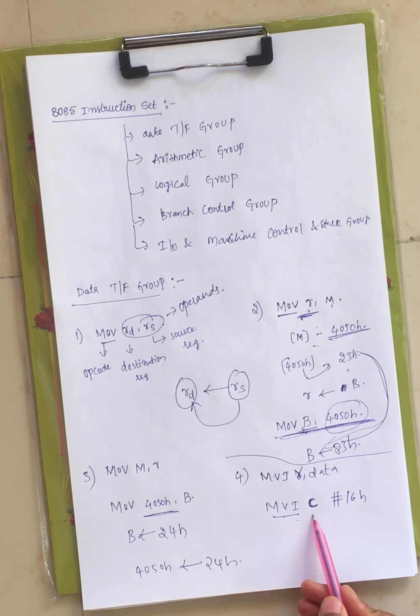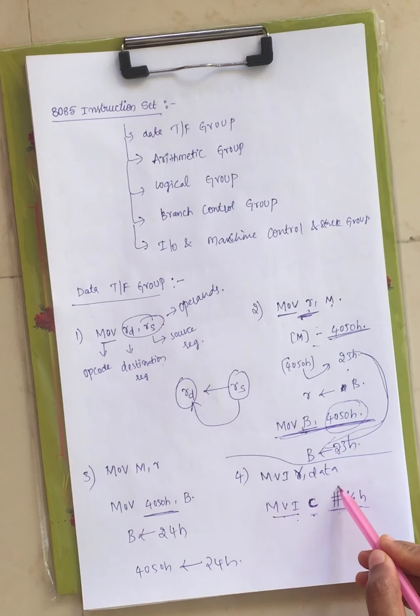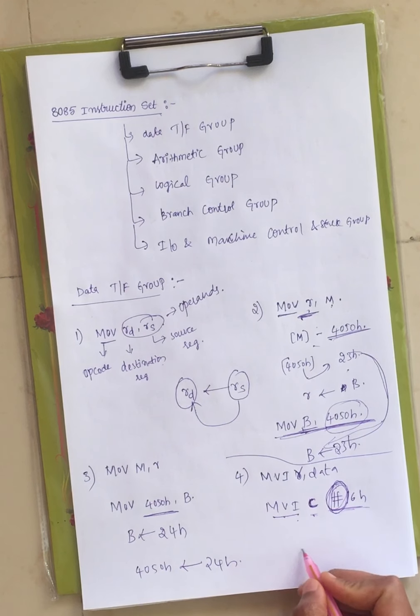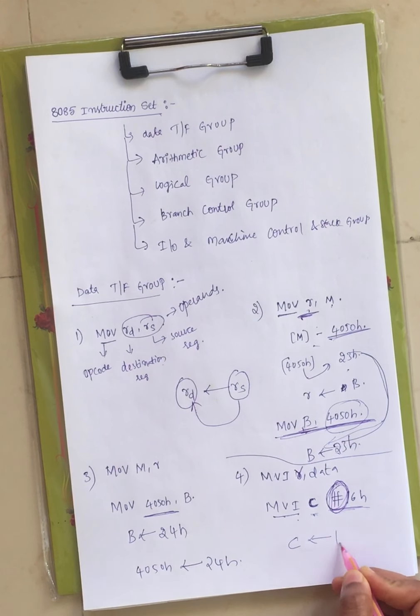Next you have to specify some register, and next you have to specify data. You are specifying data directly within the instruction itself. That immediate data is represented by this particular symbol. If you use this symbol before a data, it indicates that the immediate data specified within the instruction is moved to the C register. That is the meaning of this instruction.